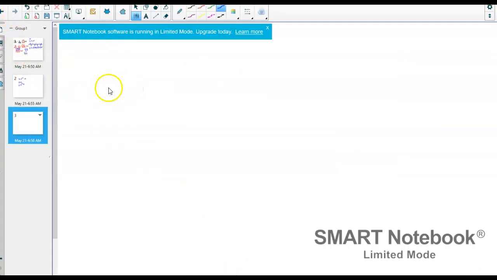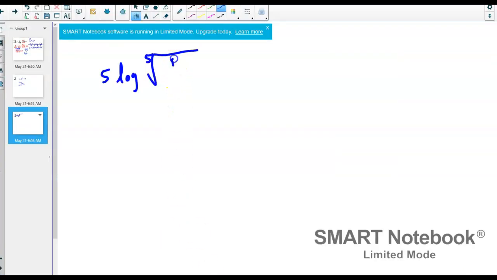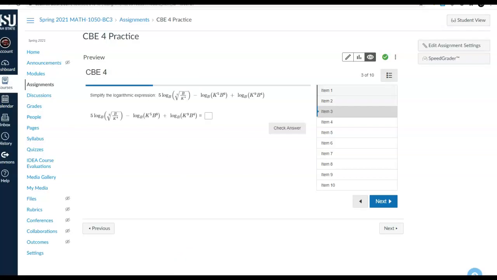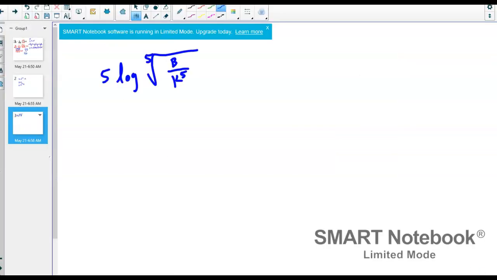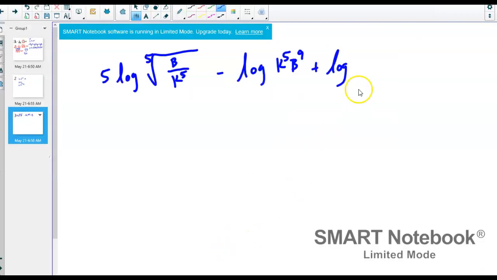Let's see here. So I'm going to have the log of the 5th root of B to the 5th, K to the 9th. Whoops, forgot which one's which. And then this other part is K to the 5th, B to the 9th.